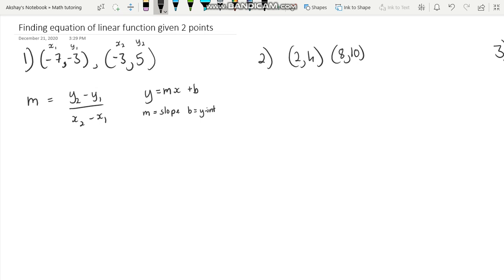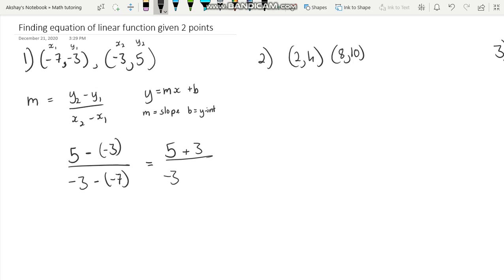Now I can just plug that back into my formula. y2 is equal to 5, so I have 5. y1 is -3, so I have a -3. x2 is -3. x1 is -7. Negative times -3 gives me +3. -3 on the bottom.